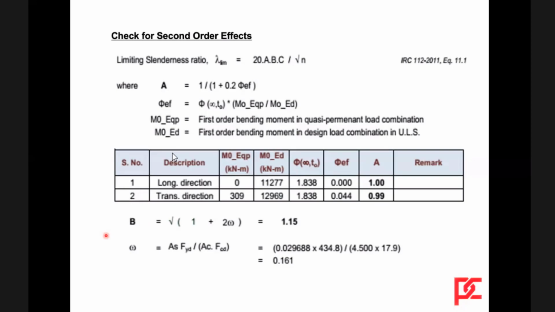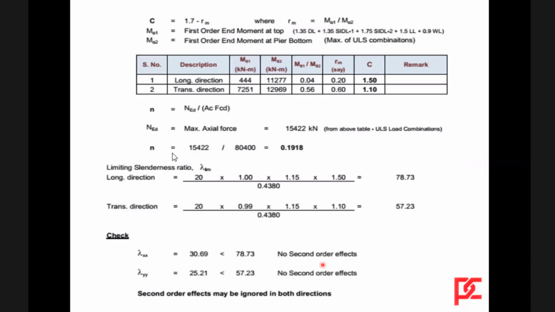Then B depends on the percentage of the reinforcement which we used in the pier. So we get a factor of, Then there is another factor n. This is also calculated.